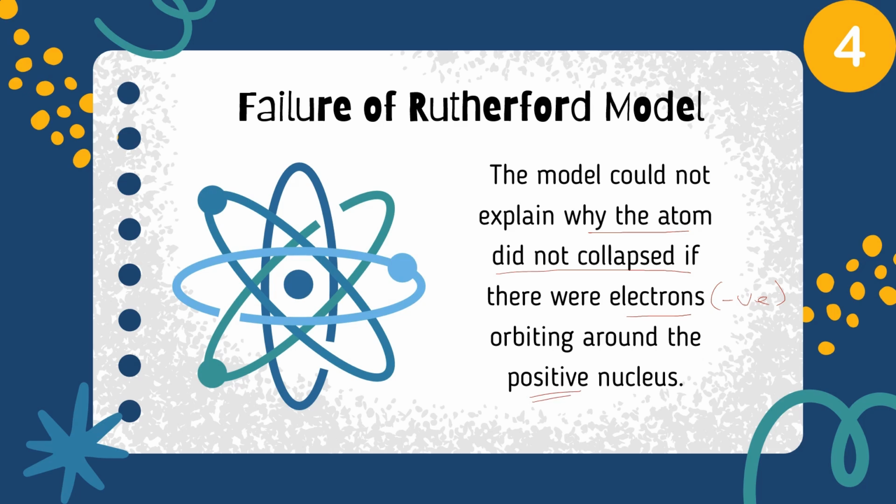Rutherford said there are electrons orbiting around the positive nucleus. The question that arose was why the electrons, the negatively charged particles, do not get attracted to the positive nucleus and the atom collapse. So this led to the discovery of the planetary model.